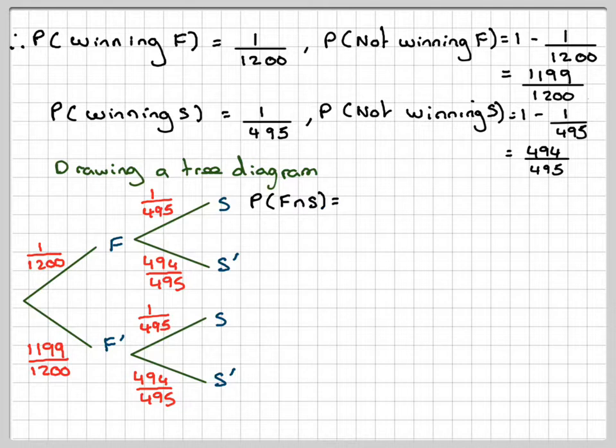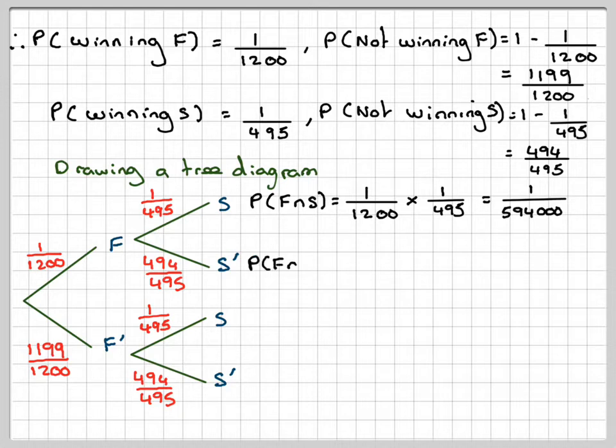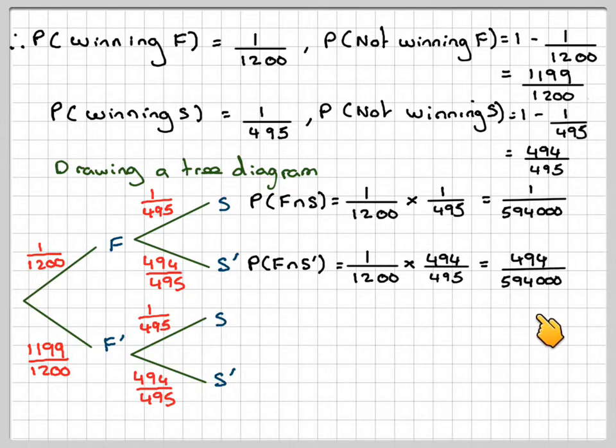Right, we can work out the probabilities by multiplying. The probability of winning both is going to be 1 over 1,200 times 1 over 495, which is 1 out of 594,000. The probability of winning the Friday but not winning the Saturday is going to be 1 out of 1,200 times 494 out of 495, which gives me 494 out of 594,000.